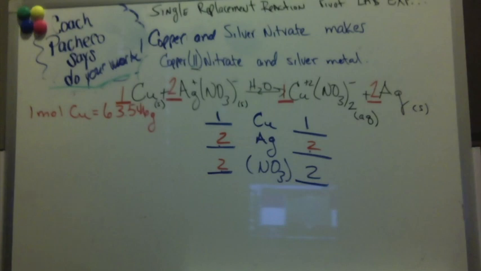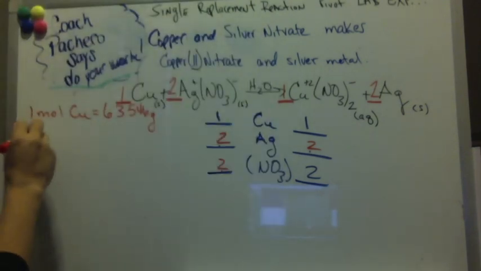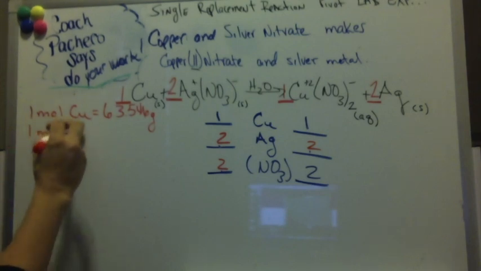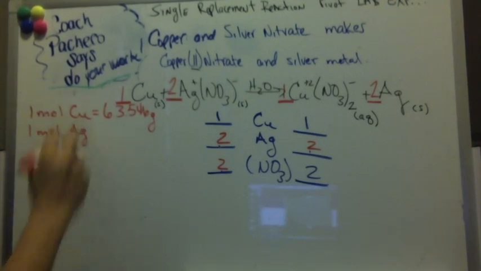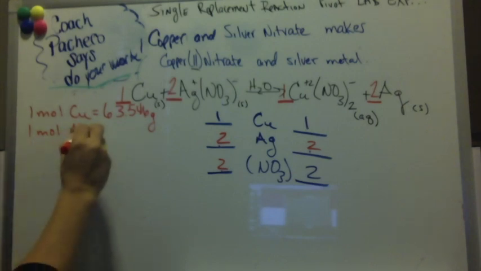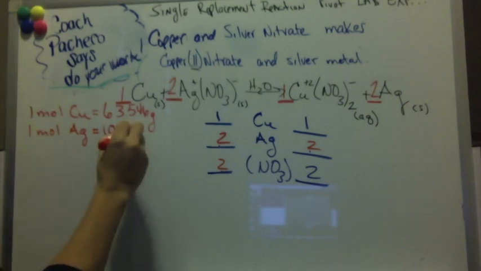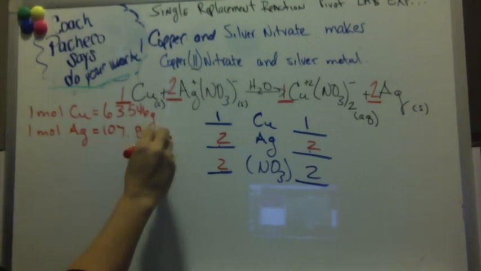Where am I getting that number from? Here. 1 mole of silver is equivalent to 107.868 grams.